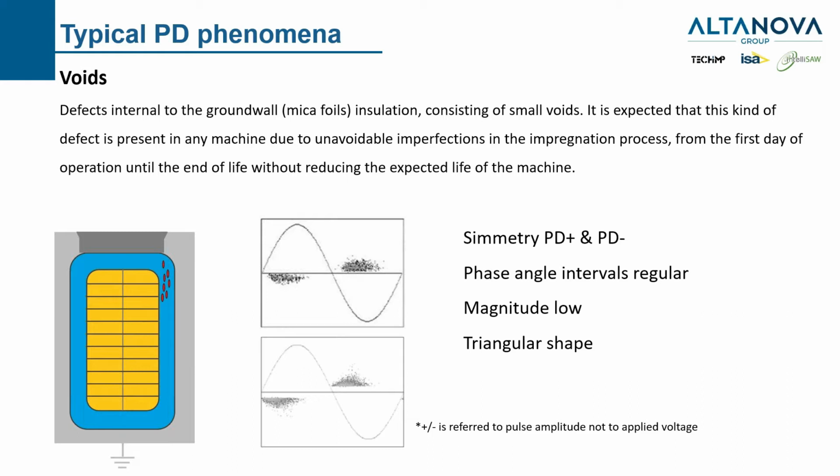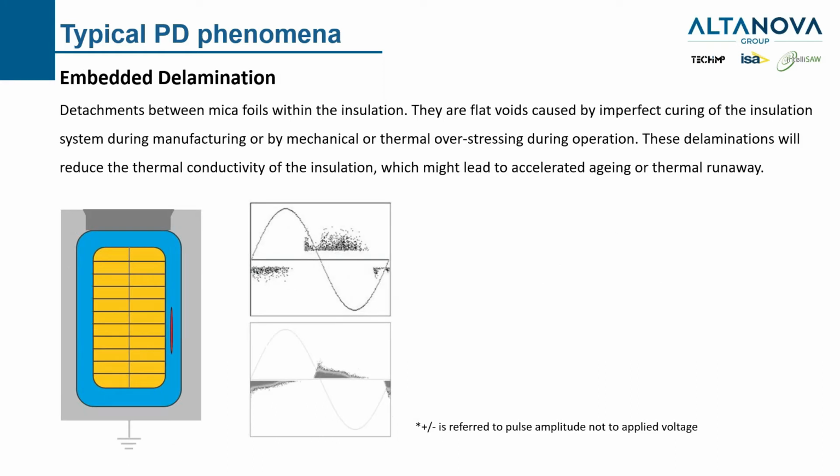Going on to the typical partial discharge phenomena, we also have embedded delamination, which we can say is a second stage from the microvoid. So we have delamination that is inside the insulation, not on the boundary with the metallic part, but in the middle of the insulation. Such phenomena always give us a phase-resolved PD pattern that is very symmetric. We have large phase angle intervals.